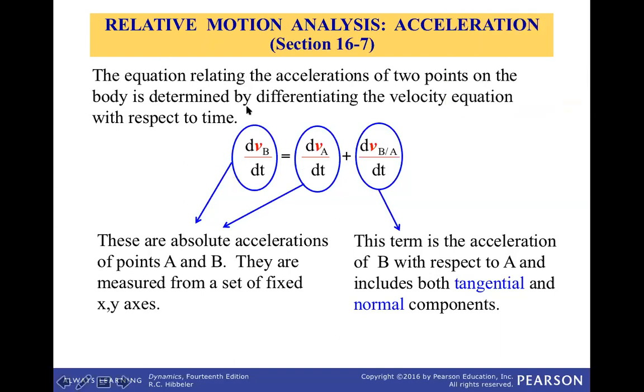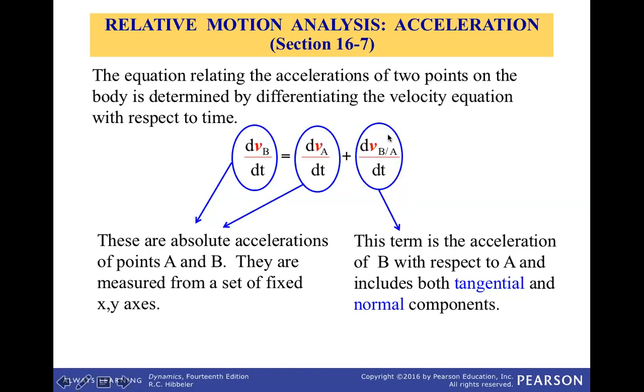So a_B is the absolute oscillation for point B, a_A is the absolute oscillation for point A, so a_B equals a_A plus a_B relative to A.